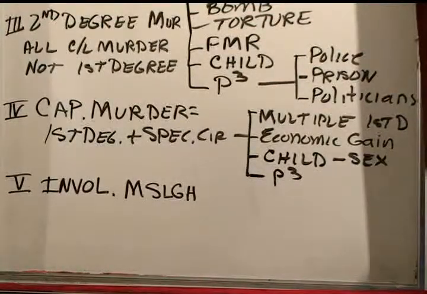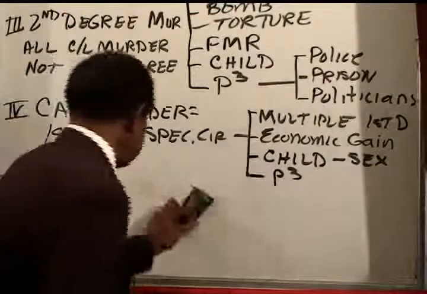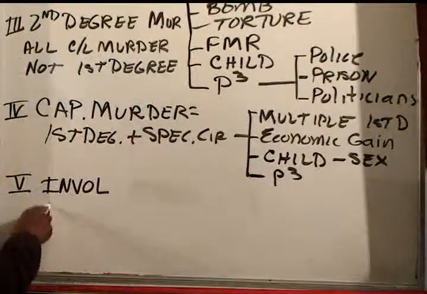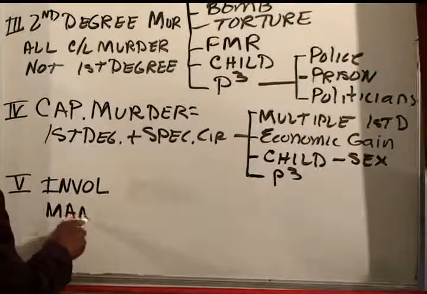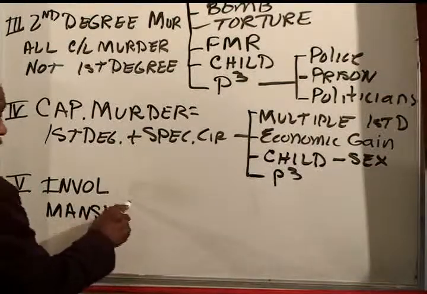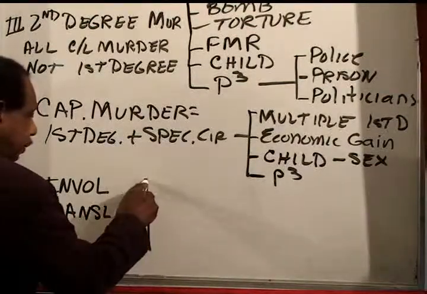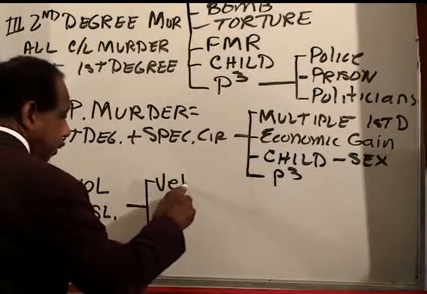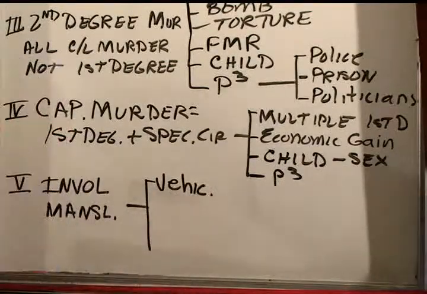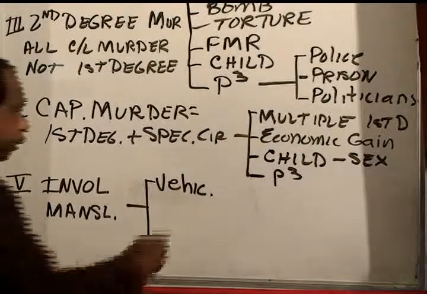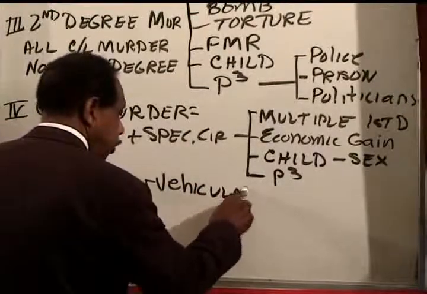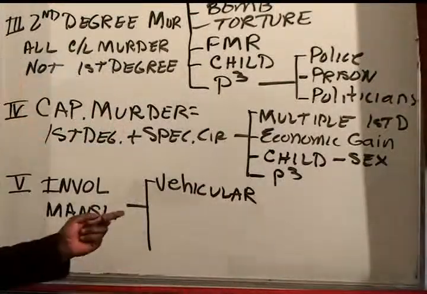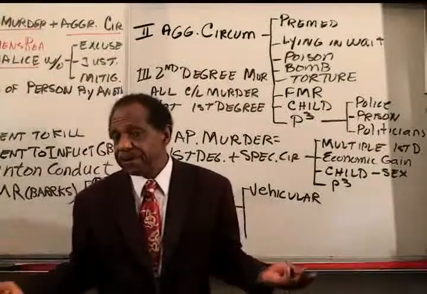And the answer is that there are several ways to get to involuntary manslaughter. One is vehicular manslaughter. And you can see how in vehicular manslaughters, people did not intend to kill anybody.